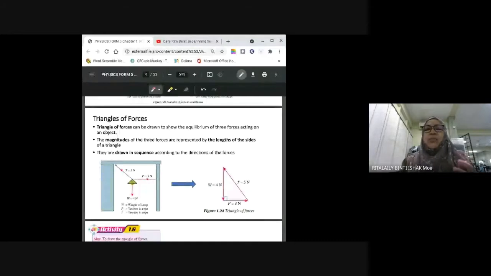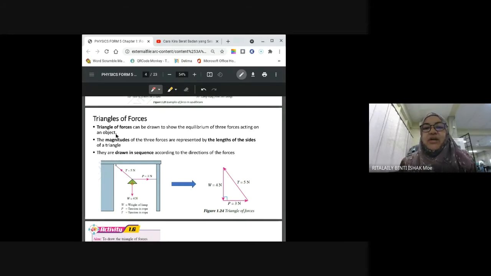How are we going to calculate the tension of rope T or rope P, or even the weight of the object? There are methods we can use, by using a free body diagram or a triangle of force.